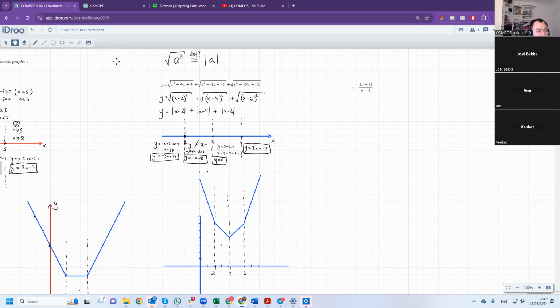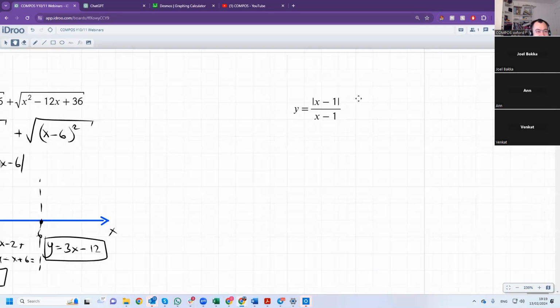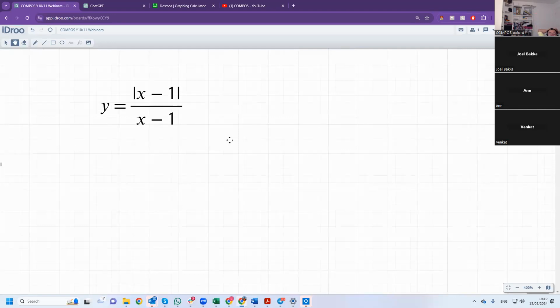Okay. And now we're getting to some really interesting graphs. Modulus of x minus 1 divided by x minus 1. What is this? What on earth is this? Can somebody try to draw it, maybe? Actually, you can use a pen if you wish, or just tell me what it's going to be.